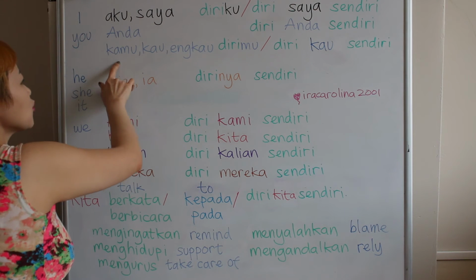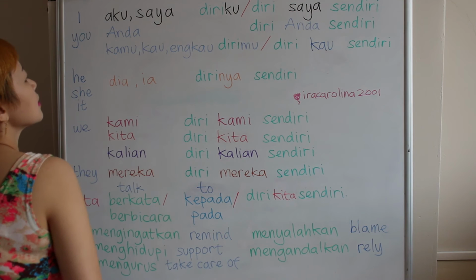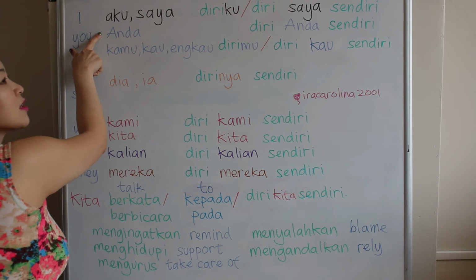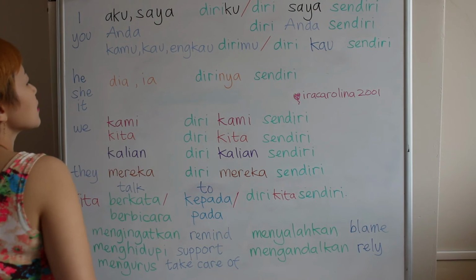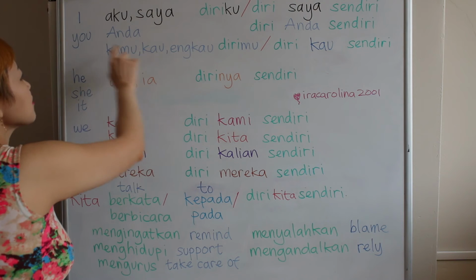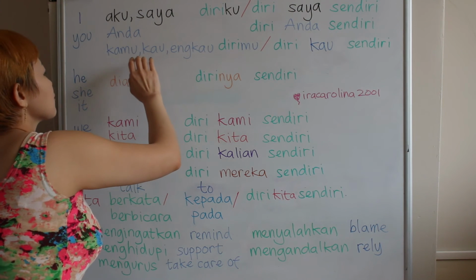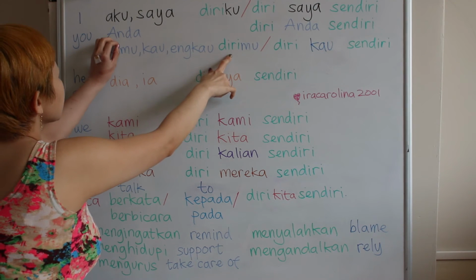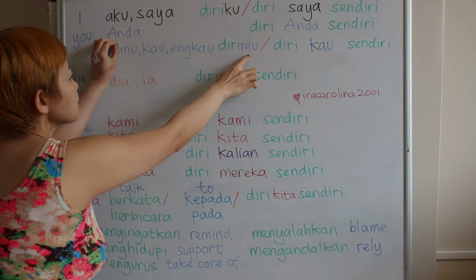And then kamu, kau, engkau. This is really polite, really formal. This is also formal. This is also polite, but this is super polite or formal. Yourself is diri, and then the mu is from kamu, but we just use the mu.